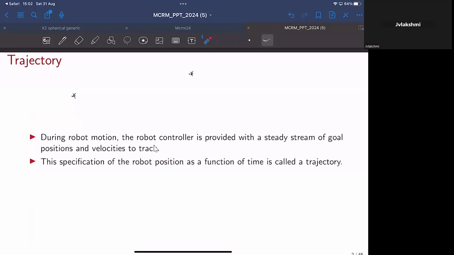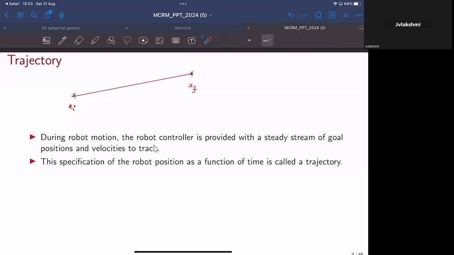For example, if you have an initial position xi and a final position xf, and you try to plan a straight line, maybe a straight path with a constant velocity, the problem is that if you consider the accelerations, it will have sudden accelerations right at the beginning and right at the end.